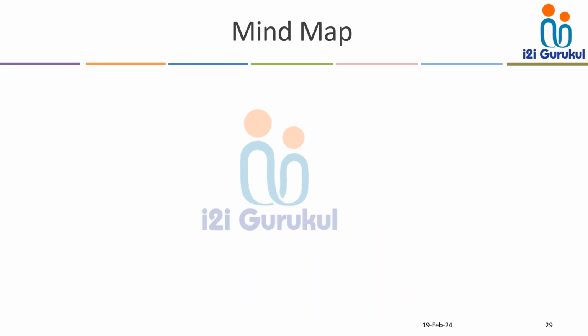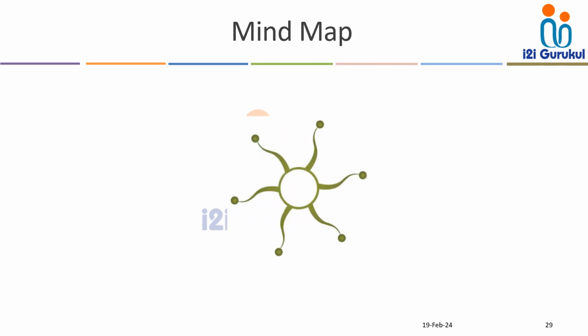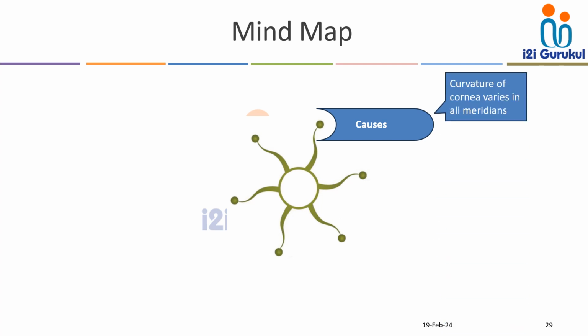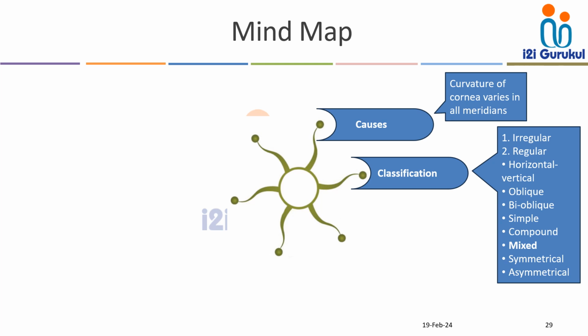Okay, coming to the mind map of what we learned in this session. We covered the entire session, which includes the definition of astigmatism and causes of astigmatism, and the classification, that is regular and irregular types, and the clinical types.